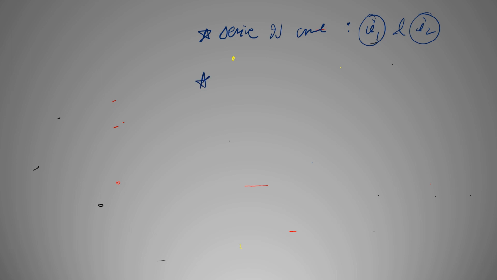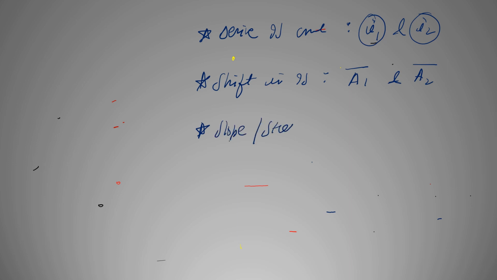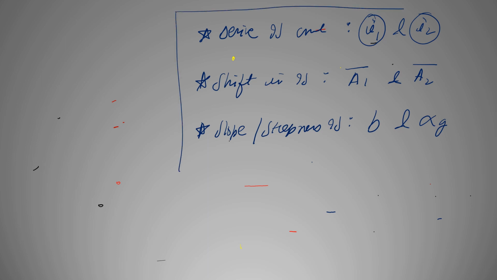Second, when you are asked to show this shift, not rotation, a shift in the IS curve, it's due to a change in your autonomous variables A1 and A2, right? And when you are asked to show the slope or steepness of the IS curve, it's going to depend upon b and the multiplier, right? So this is it about the IS curve.